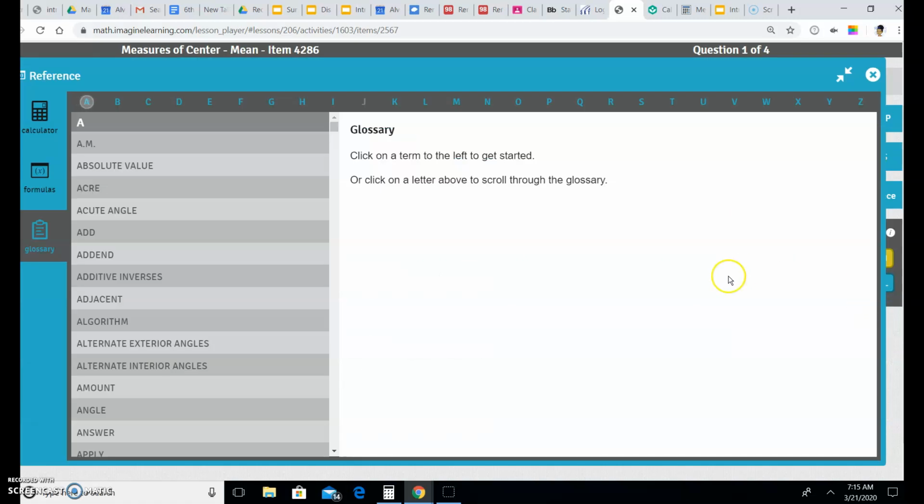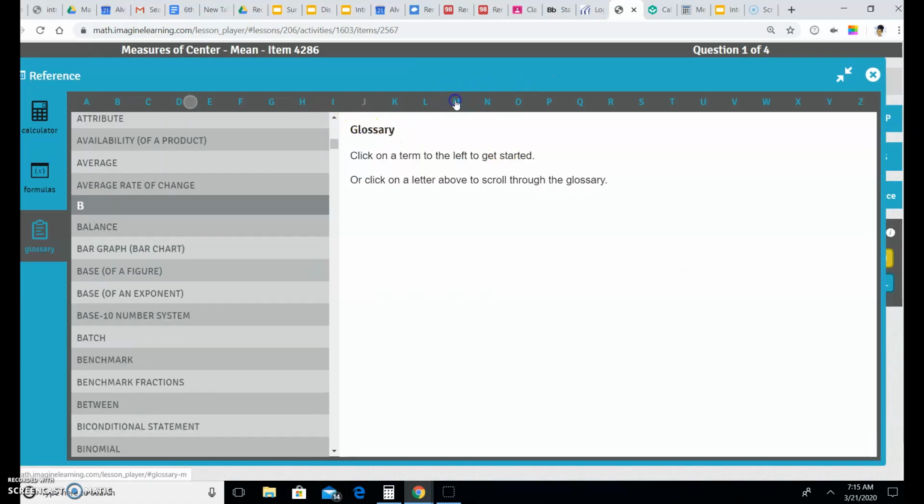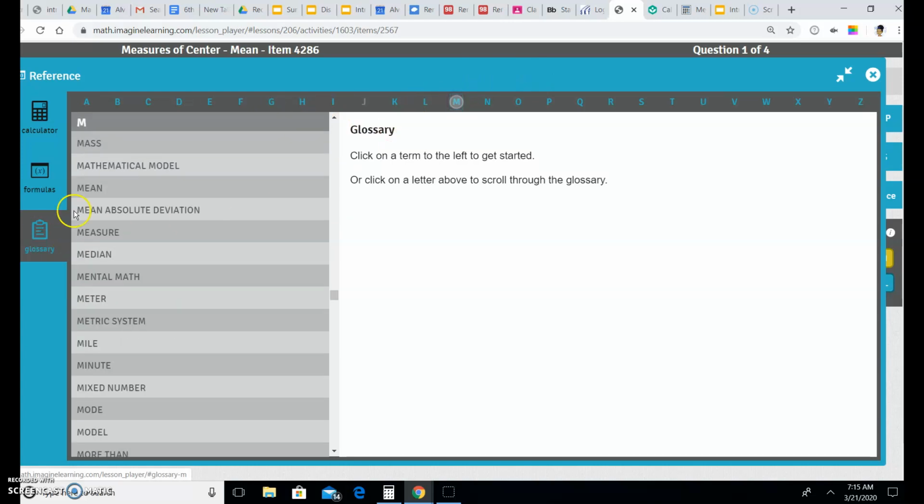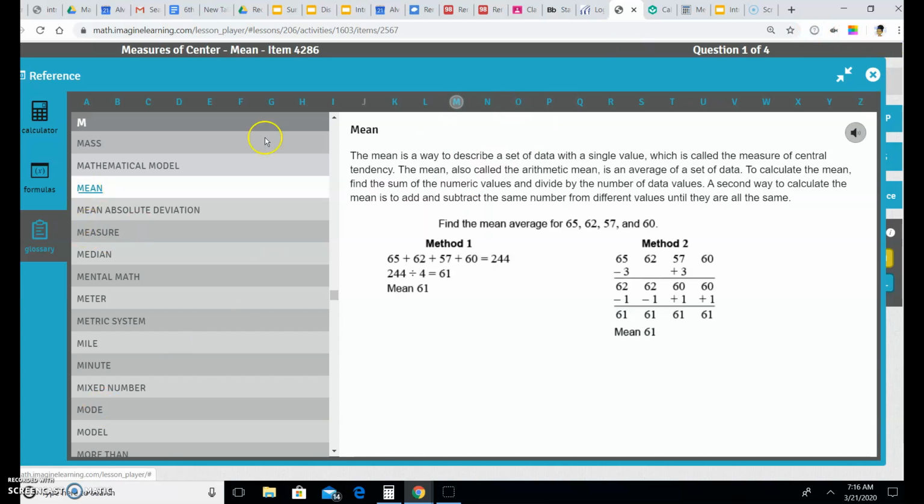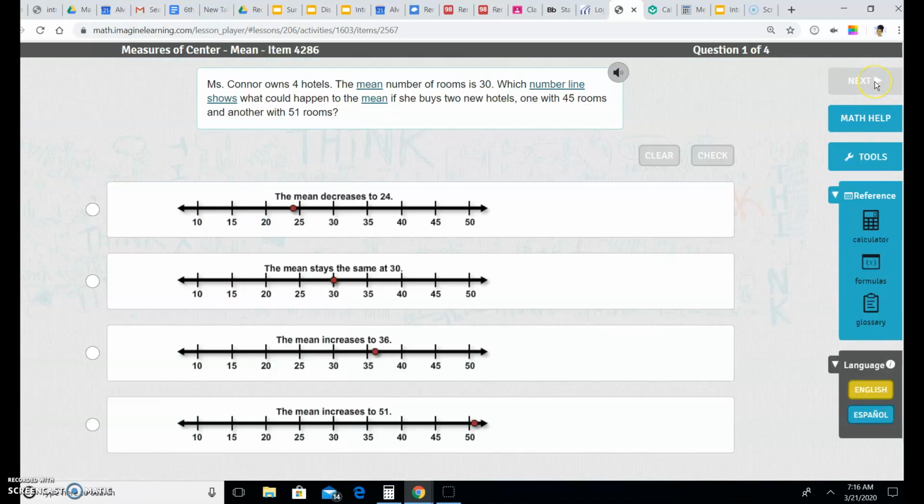And there's also the glossary, so you can look up things like the mean, the median, and the mode. You can look for those things just in case you forgot what it is. You can actually look at that and actually see an example. So there's lots of great tools that I expect you to use to get everything done.